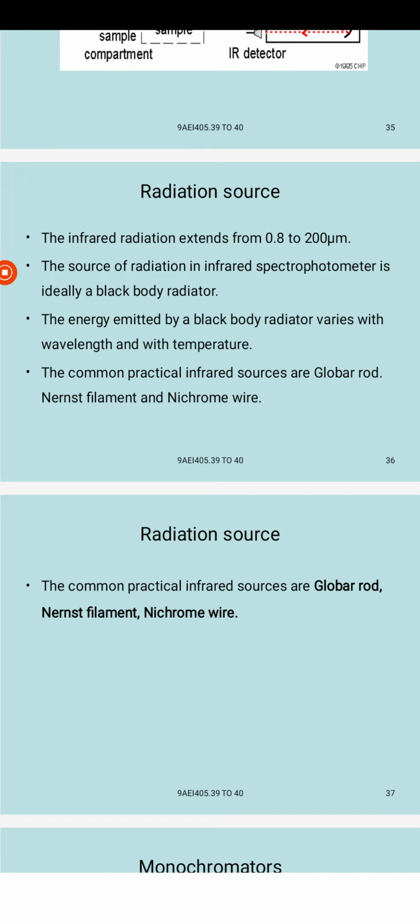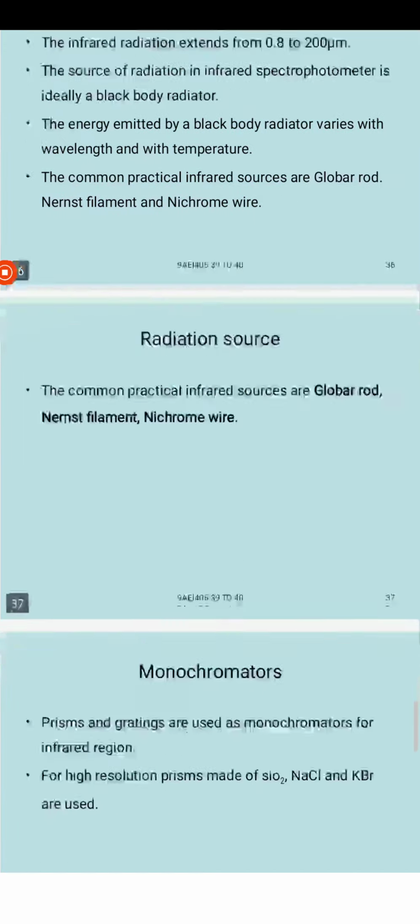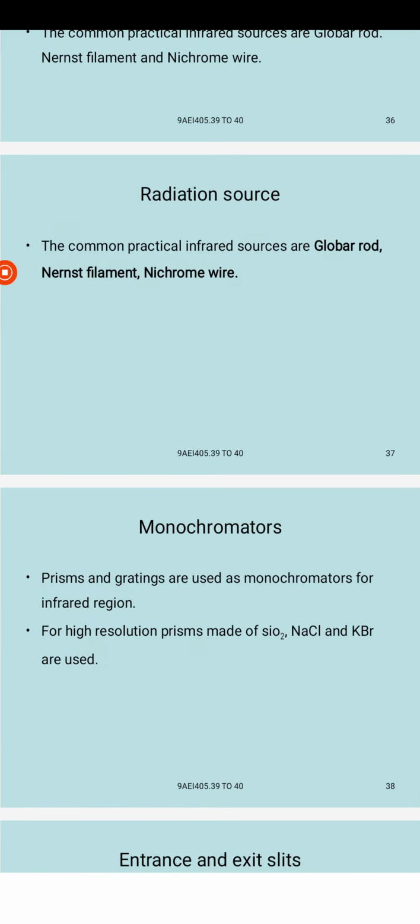The energy emitted by a blackbody radiator varies with wavelength and with the temperature. The common practical infrared sources are globar rod, Nernst filament, and nichrome.